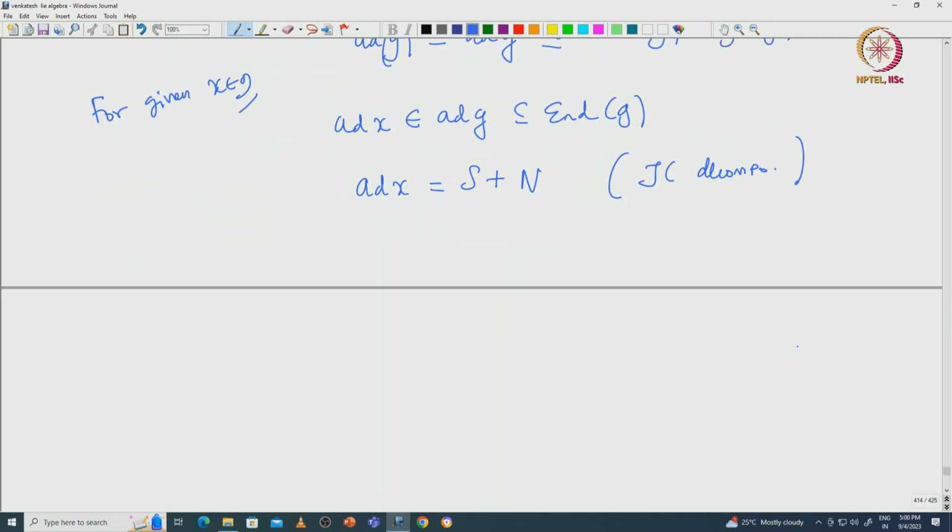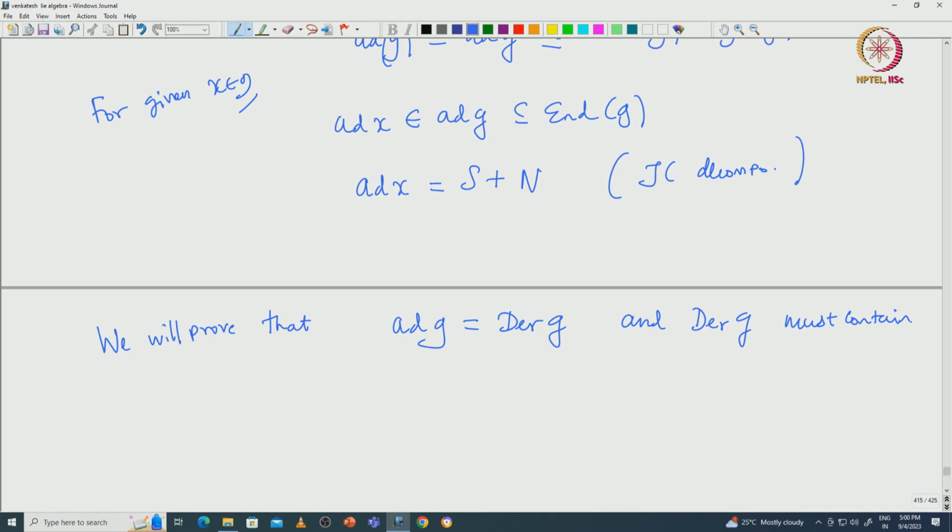Indeed, we will prove in a minute that ad G is equal to Der G, and Der G must contain all its elements' semisimple and nilpotent parts.